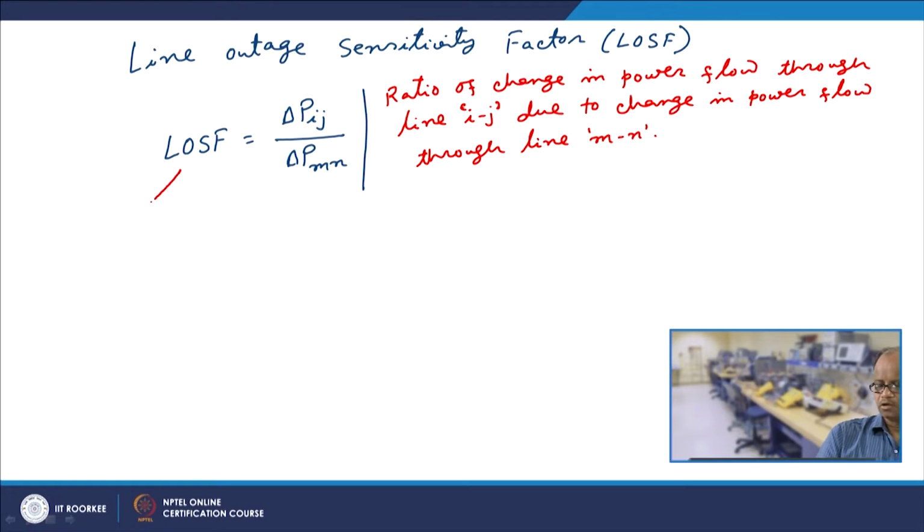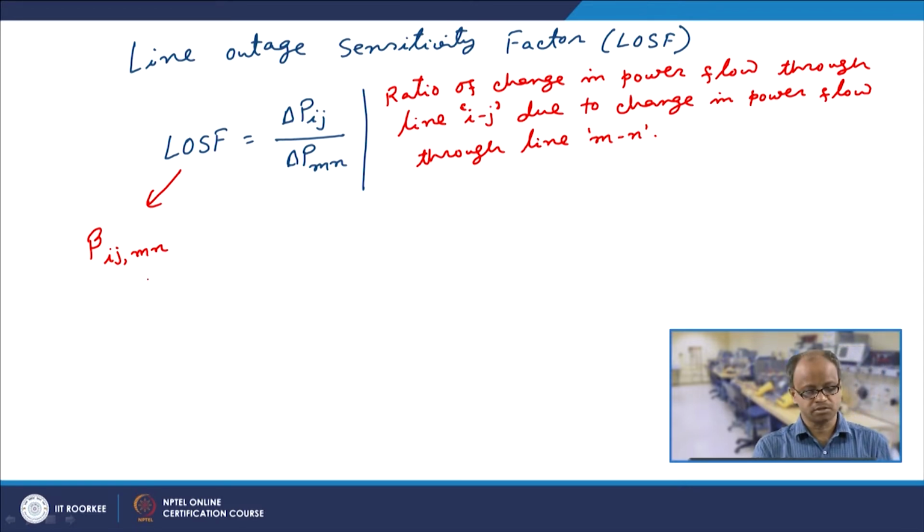So, we call it beta ij mn, right. So, ij is where the change is taking place and mn is the line in which this change has taken place.